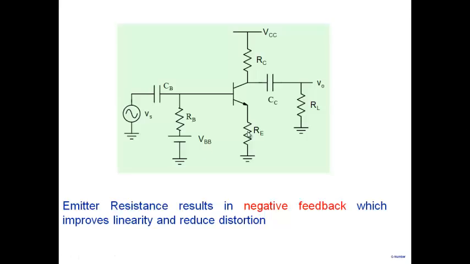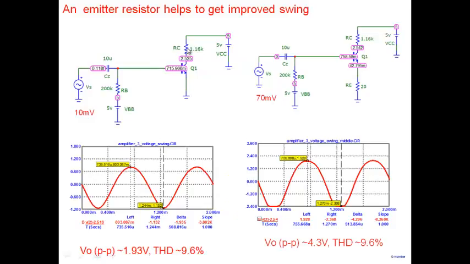Negative feedback is a very, very powerful principle that we use in various places in circuits. There are things sometimes that you can't do. No matter how much I modify this circuit and redesign it with different RCs, I'll never be able to get a swing of 4.3 with a distortion of 9.6.